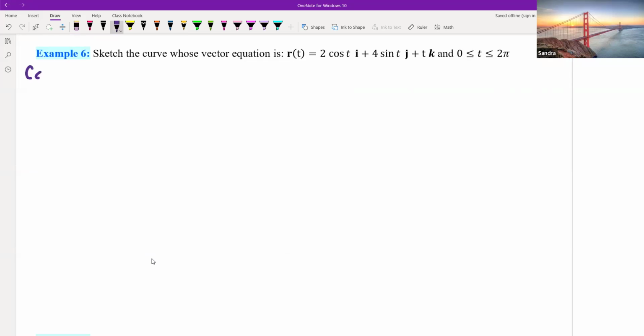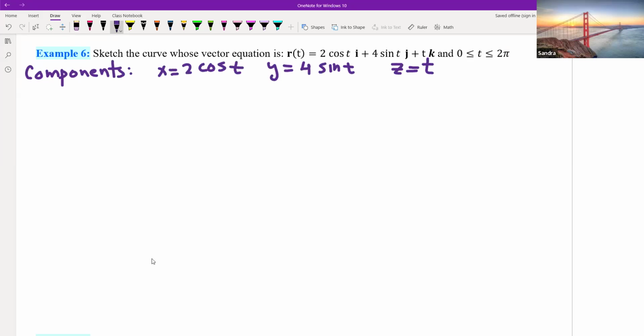Okay, here are my components. x equals 2 cosine t, y equals 4 sine t, and z equals t. z equals t doesn't help me at all because I have cosine and sine in here.